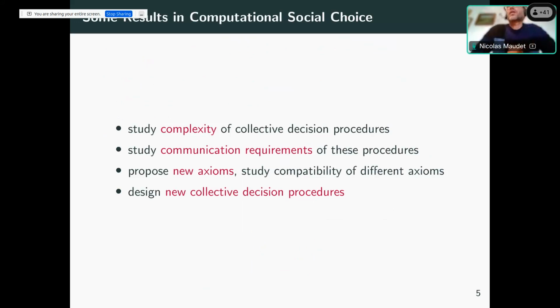So what do people study in this field? Typically they study the complexity of these collective decision procedures in the algorithmic sense, trying to see whether, for instance, a voting rule is simple to compute or not. And also, I mentioned before this idea of strategy and misrepresenting preferences.